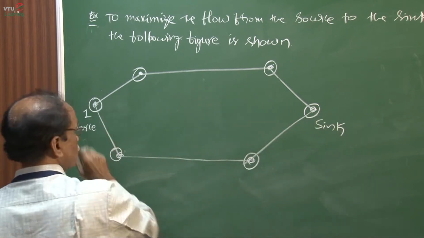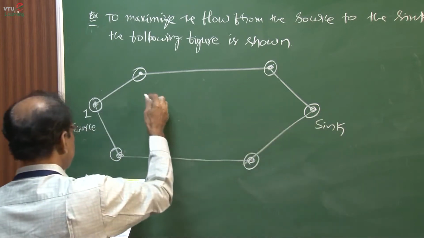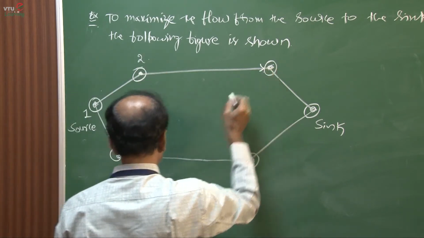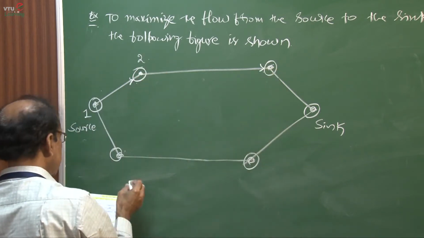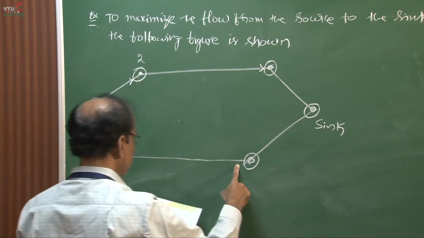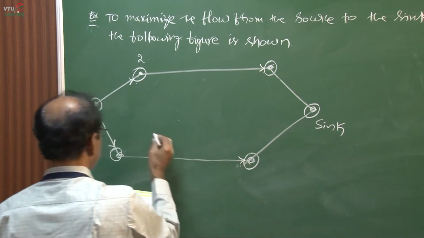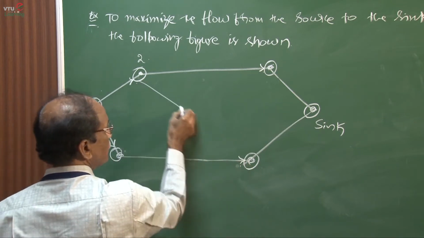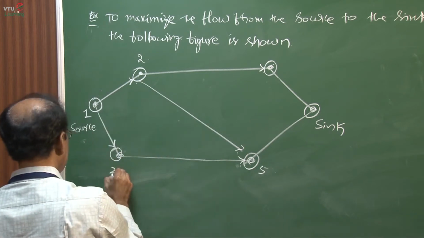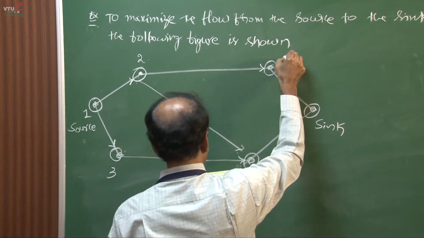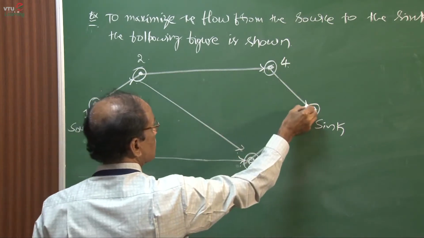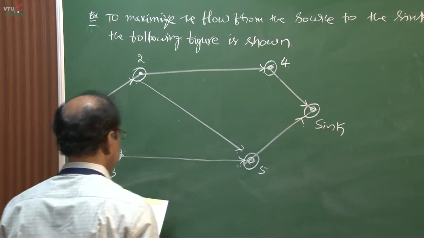You can take it as 1 and write this as 2, and the direction you can give like this, and this also and this also, both are from the source. Then the next direction you can give like this, and from 2 to this is 5 and this is 3 and this is 4. Now the edge, of course, this is the direction and this is the direction.